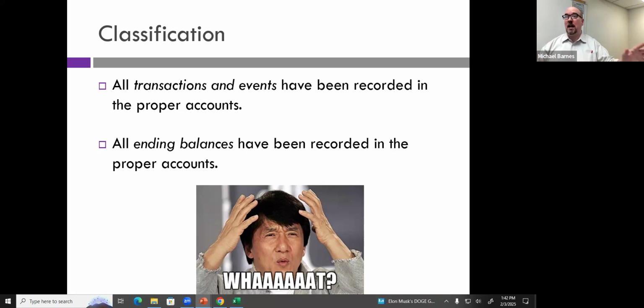That's misrepresenting the classification of that item. And this occurs quite frequently with investments and liabilities, is that they try to misrepresent classifications to adjust liability or to adjust liquidity ratios. So this is actually a really important one that we have to be very aware of because this does occur in practice. So again, dual assertions or dual category assertions, transactions, events, and ending balances relates to both operations and financial statements.